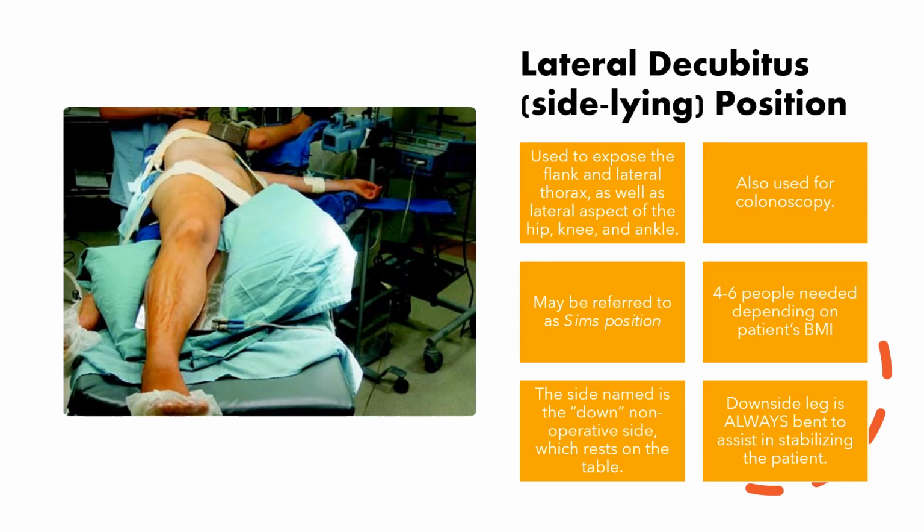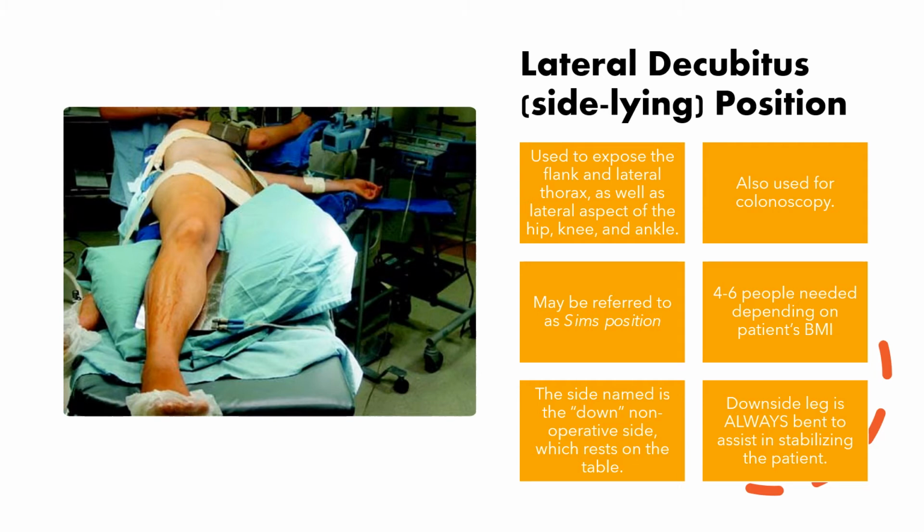Now, let's talk about how we get the patient into the lateral position. First, the anesthesia care provider is going to anesthetize the patient in the supine position, and then once anesthesia gives the A-OK, we're going to proceed to get the patient into the lateral position after the airway has been secured and after the anesthesia care provider has given us the green light.